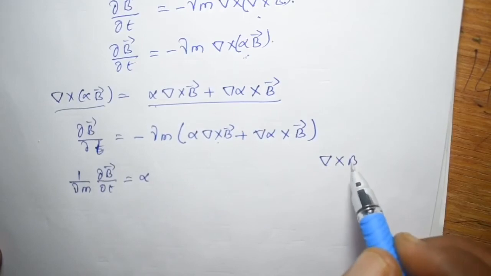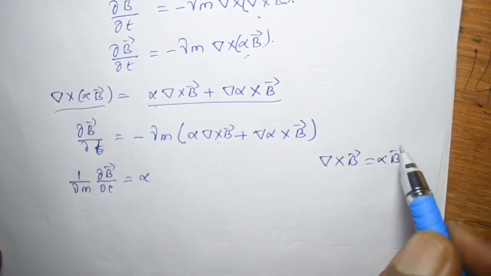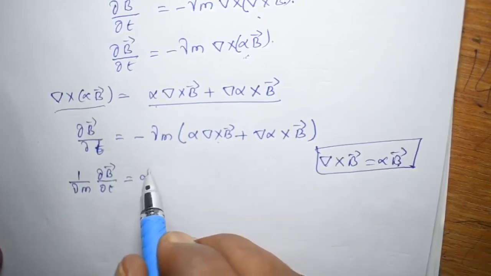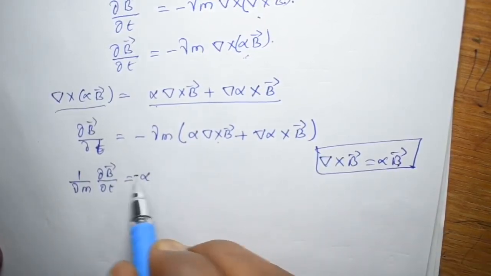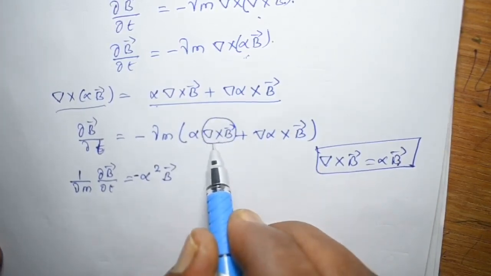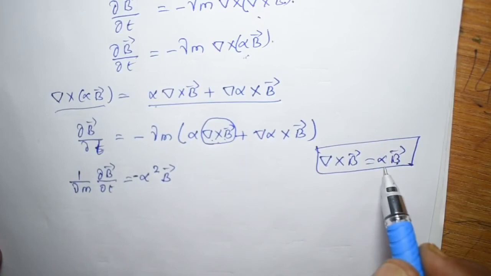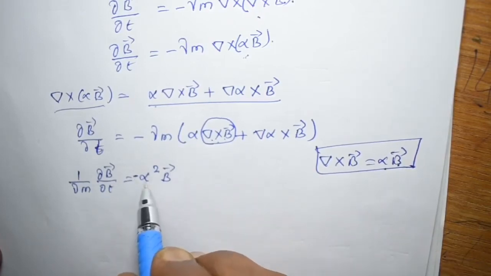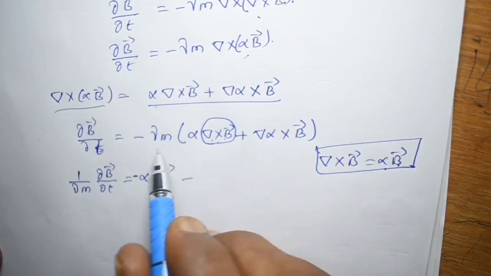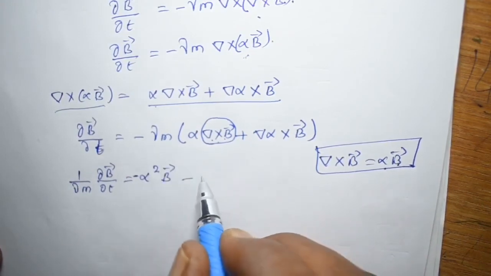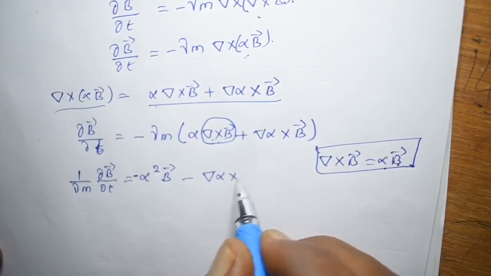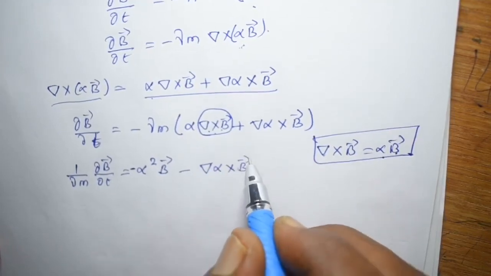Del cross B is equal to alpha into B. So by substituting that, there is a minus sign, so minus alpha square into B. By substituting curl of B as alpha into B, you are going to get minus alpha square into B plus, minus, because throughout we have to multiply by minus, so minus gradient of alpha cross B, I will write as it is, right?